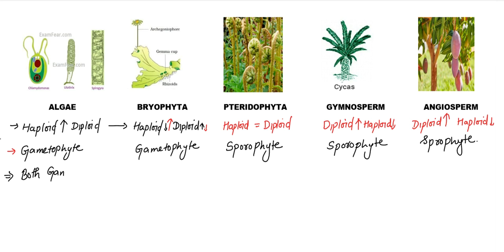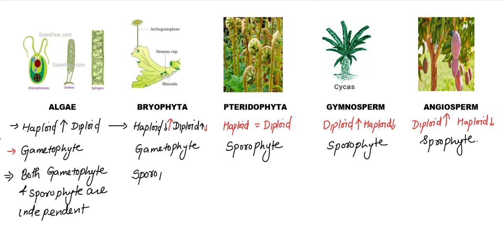Now in case of this one, both your gametophyte and sporophyte are independent. Okay, they are independent in nature. But when we look at bryophyta, the sporophyte out here is dependent on gametophyte.